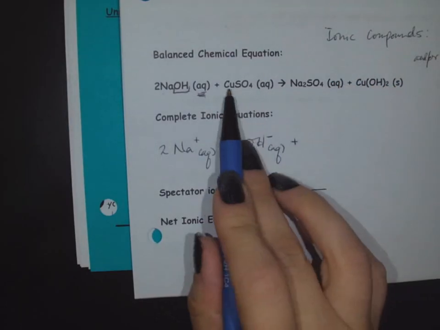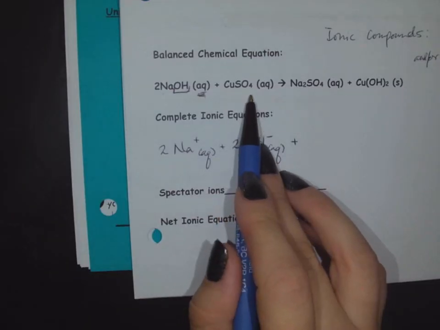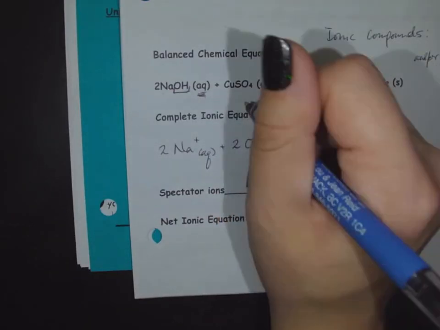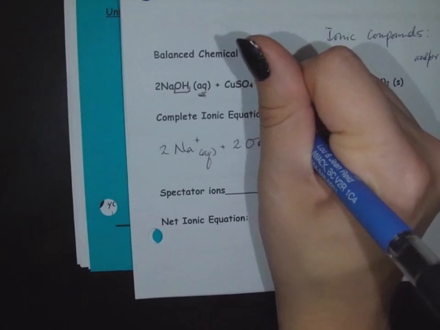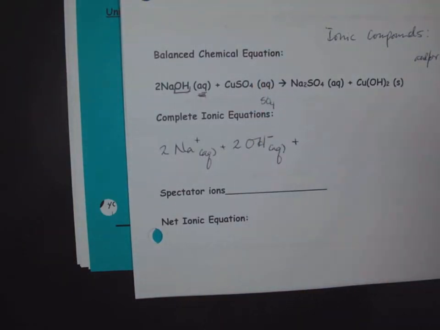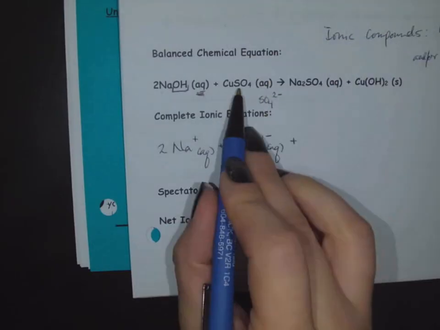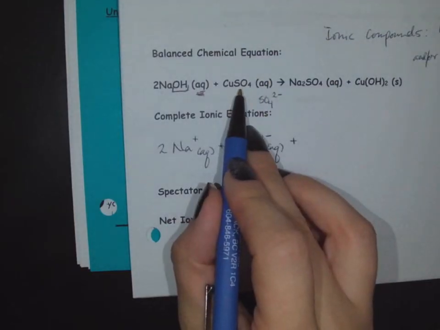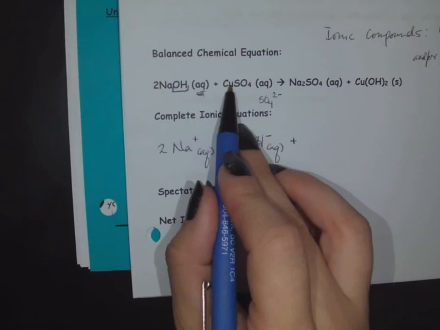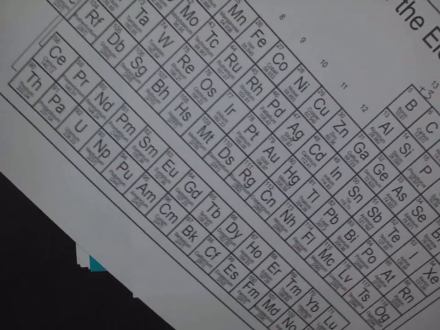Okay, now here's a tricky one. Copper sulfate. Sulfate, SO4, so that's a 2 minus. But do you see how there's only 1 sulfate? So the copper is in between here.